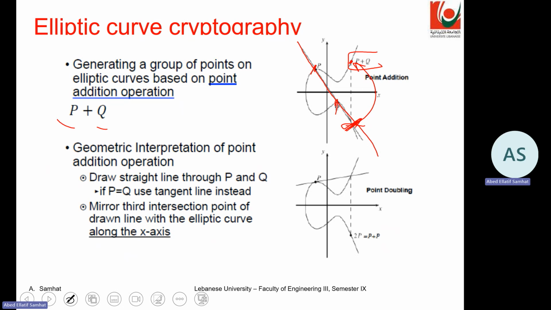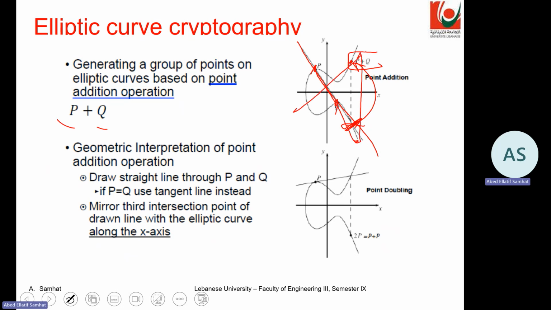It is possible to do it using the coordinates x and y, but here we are making the geometrical interpretation of the figure. If you want, for example, to add P and Q here, it will be here.